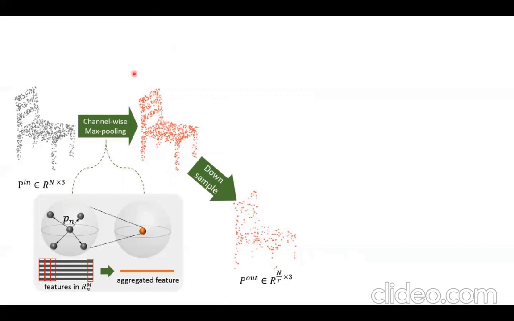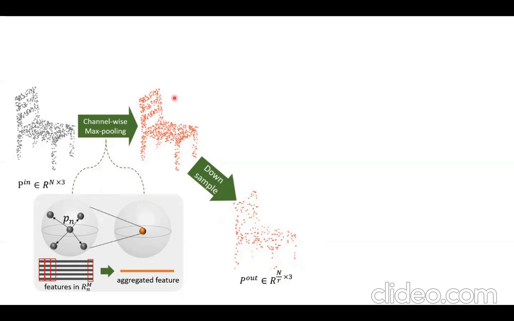Now, from whatever they had here, they do a downsampling, okay? We had capital N input points, right? They apply a pooling rate, and say, for example, here they have taken a constant pooling rate of 4. So if you had 1024 points with a pooling rate of 4, the number of points would become 256. That's how they downsample.